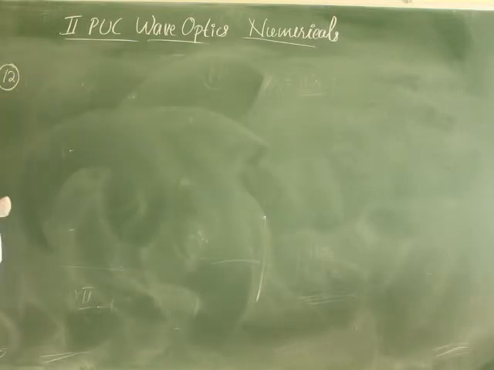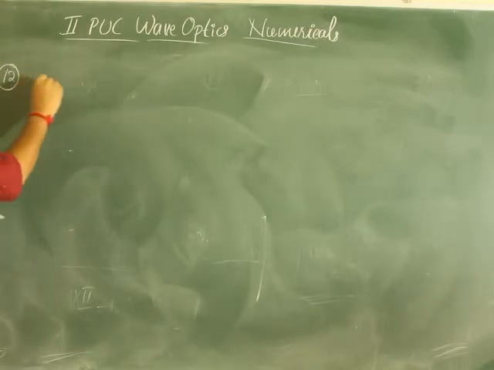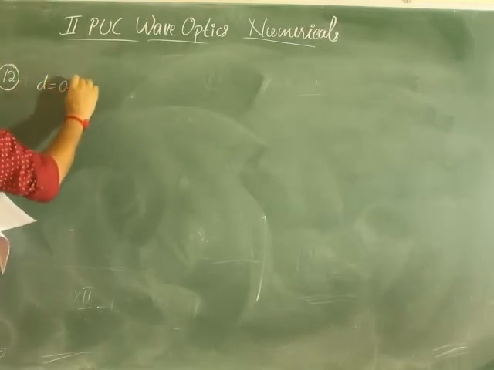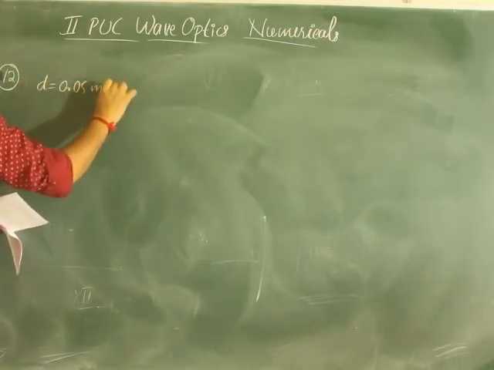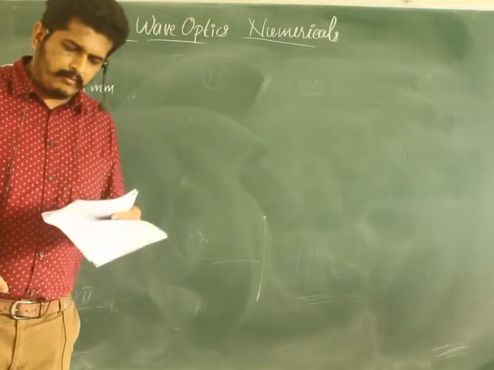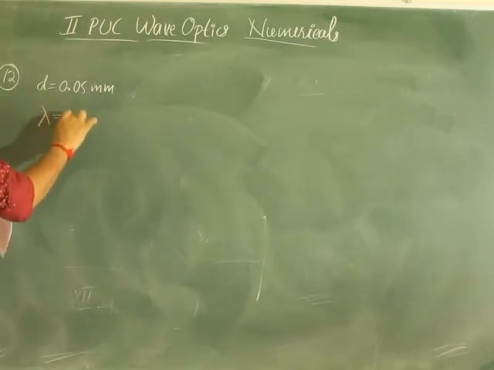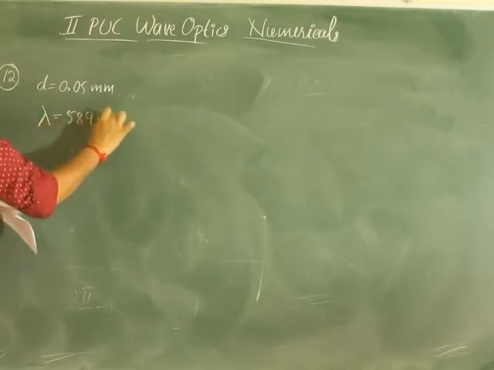Question number 12. A slit of width 0.05 millimeter receives a plane wavefront of light from a monochromatic source emitting wavelength 589 nanometer.